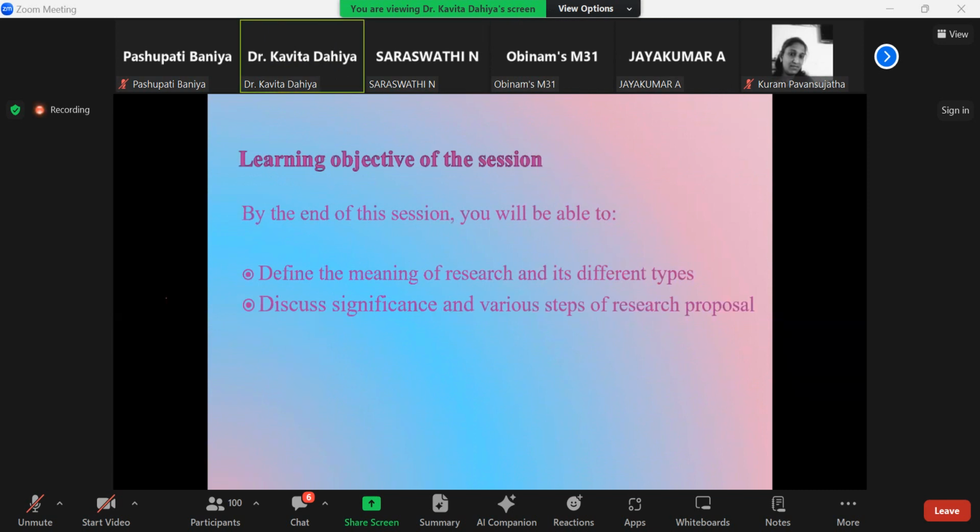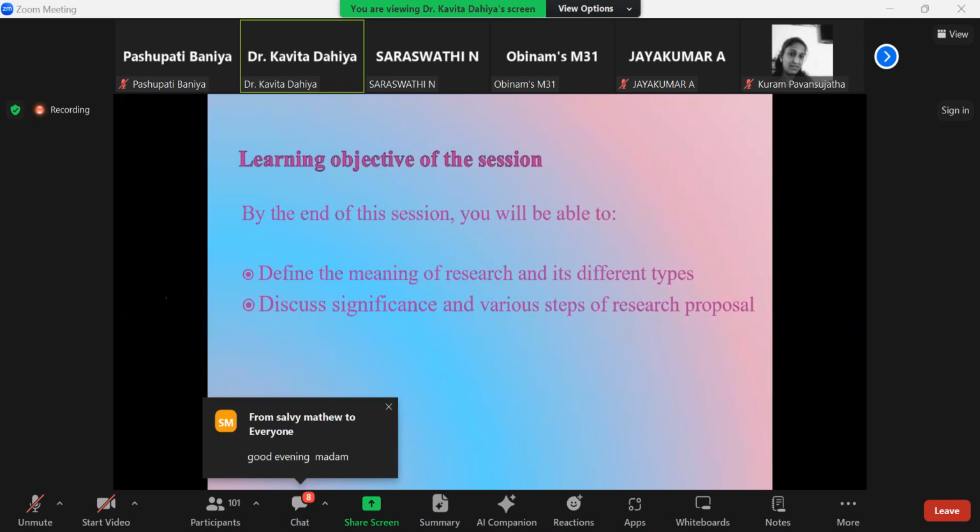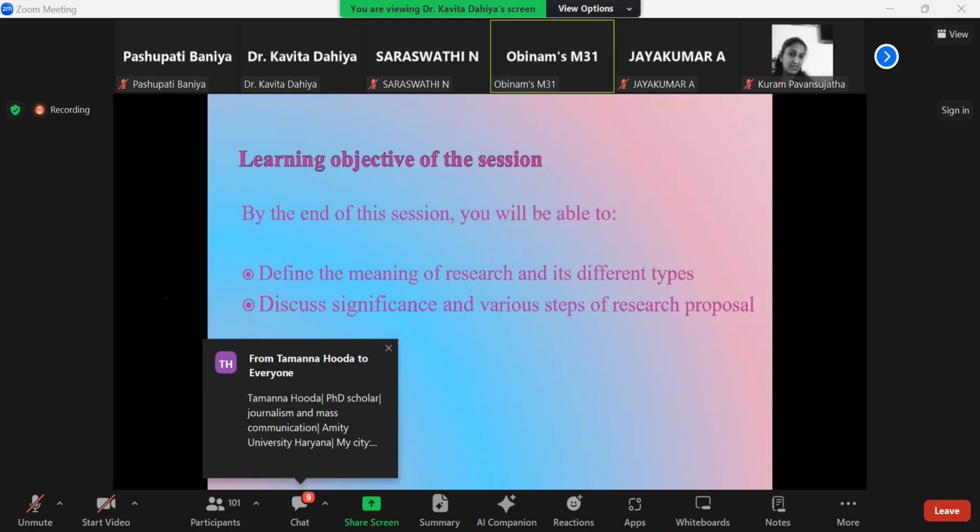The first objective of this session is to define the meaning of research in detail, and we are also going to describe the different types of research, where all these types have their own significance. According to your research objective, you may adopt whatever type of research is required according to your area.